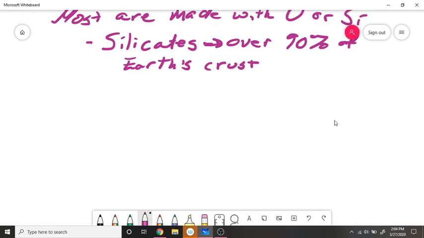Minerals are classified as silicates or non-silicates.